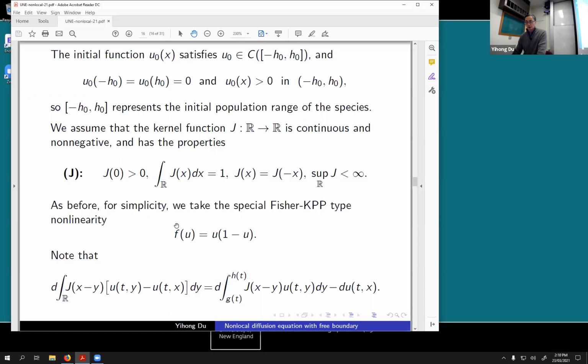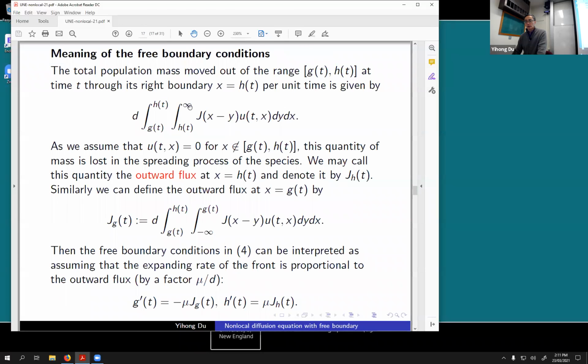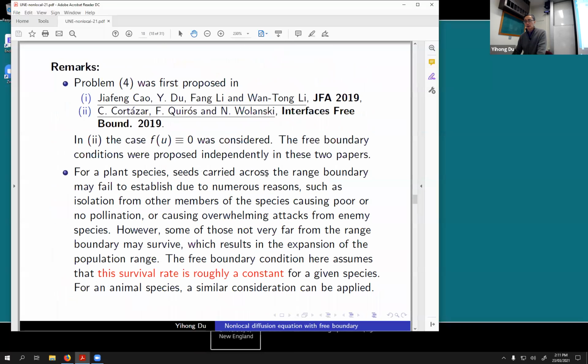And again, we choose this f, the Fisher nonlinearity. That's just an observation: this term can also be written that way in this particular situation. And I think I'll just skip this. This is just an explanation of how you can use the same kind of ecological assumption to derive this condition.